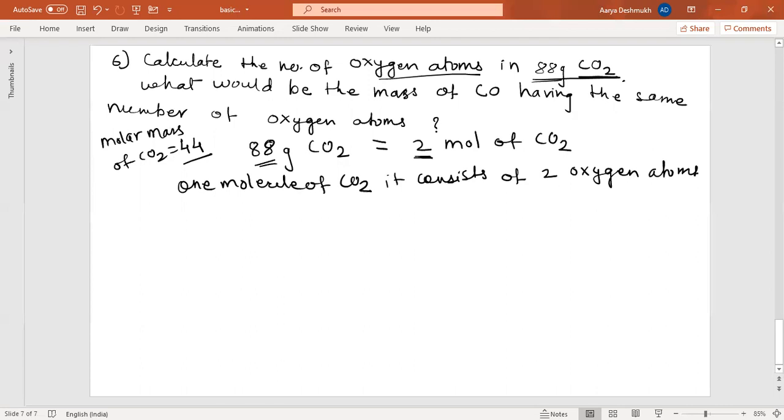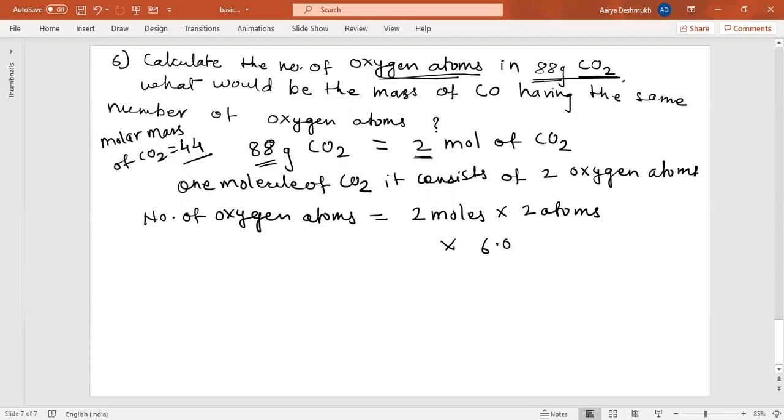Isn't it? Now what are we supposed to find out? Calculate the number of oxygen atoms. So number of oxygen atoms equals 2 moles into 2 atoms into Avogadro's number, 6.022 into 10 raised to 23, because here one molecule of CO2 contains two oxygen atoms.